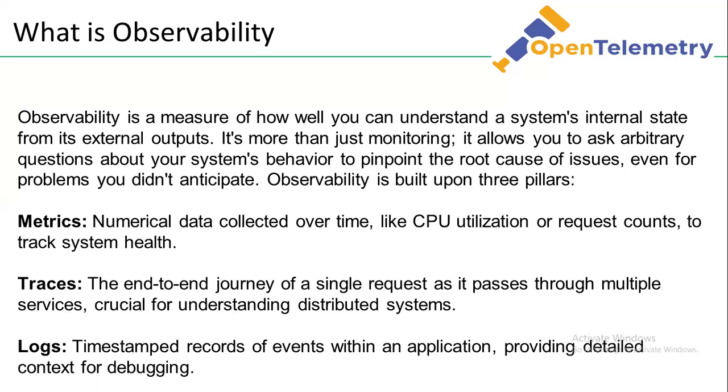A trace is the end-to-end journey of a single request as it passes through multiple services, crucial for understanding distributed systems. And the third one is logs. Logs are timestamped records of events within an application, providing detailed context for debugging. Okay, those are the three pillars of observability.